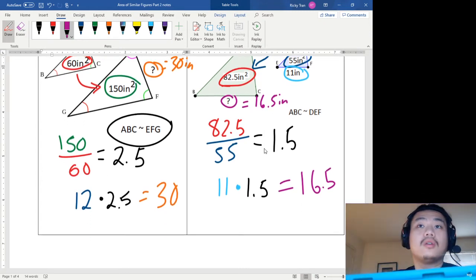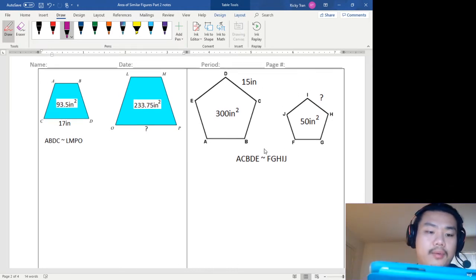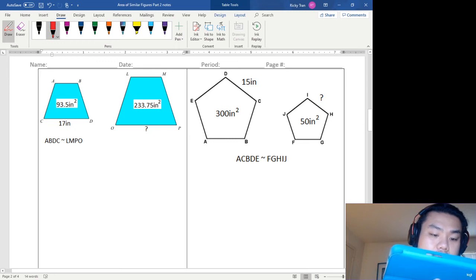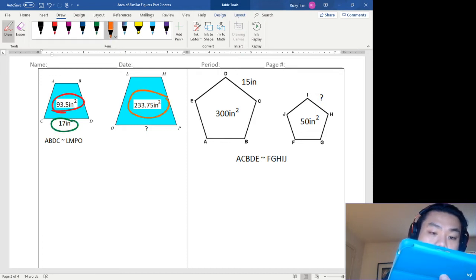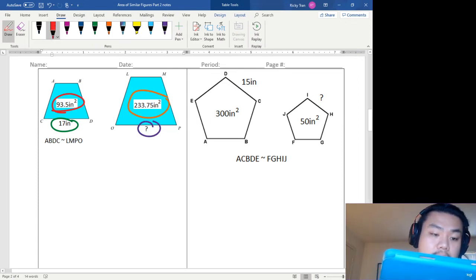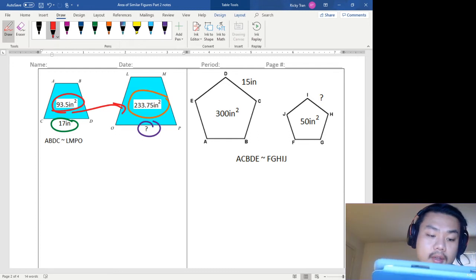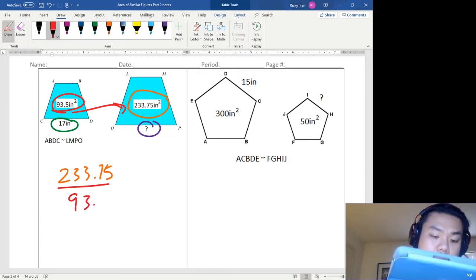Okay, let's keep it going. All right, so now we have one area here. We have our side, another area here. We have another side. Okay, and still going from small to big. Therefore, we have greater than 1. All right, so we have 233.75 over 93.5.